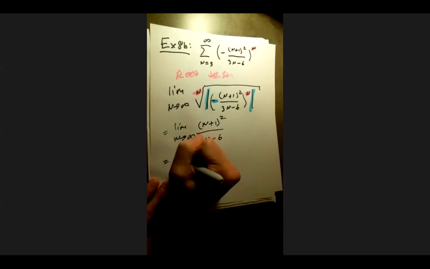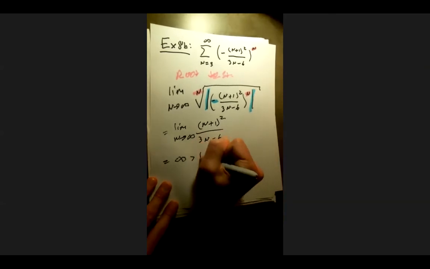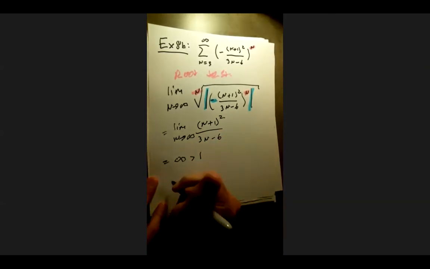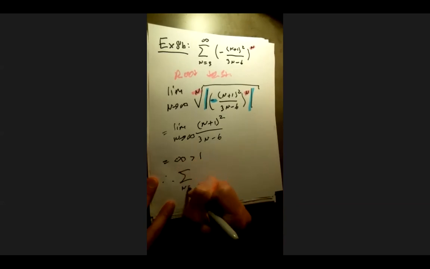Infinity. And what's important about infinity? Greater than 1. Yeah, it's a little bit bigger than 1. So since it's bigger than 1, what can we conclude about our series?